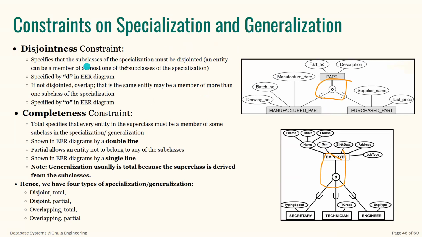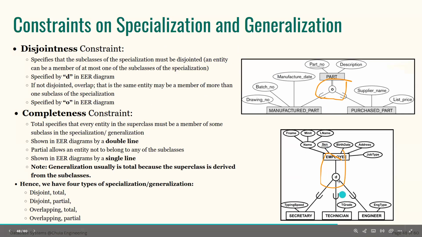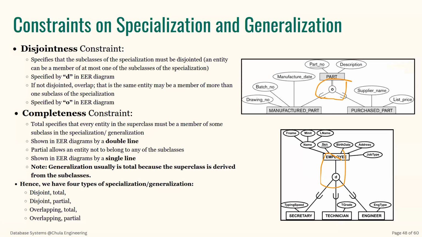It says that the subclasses of the specialization must be disjoint. It means that you can only choose one.